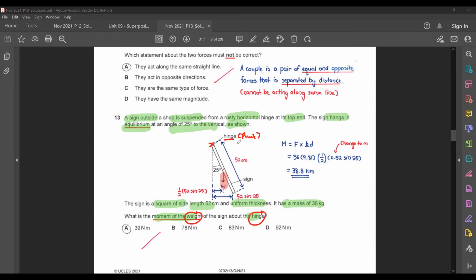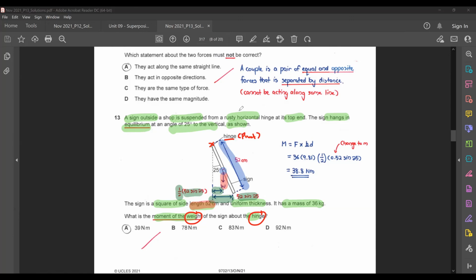If I know that the sign has a length of 52 centimeter, which is this one, the weight will be acting right in the center. So what I could do is resolve the sign horizontally, the length. This one will be 52 sine 25. Half of that distance will be half of 52 sine 25.